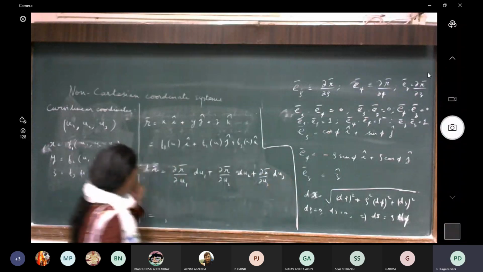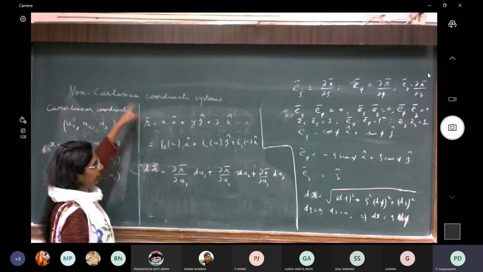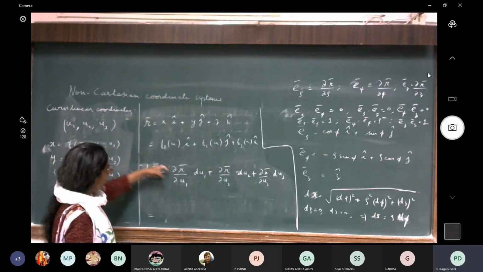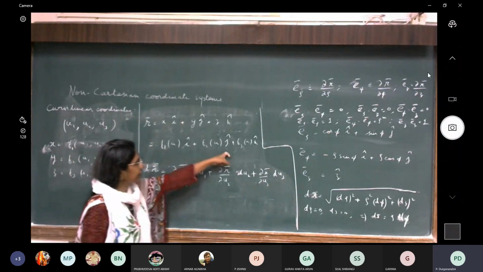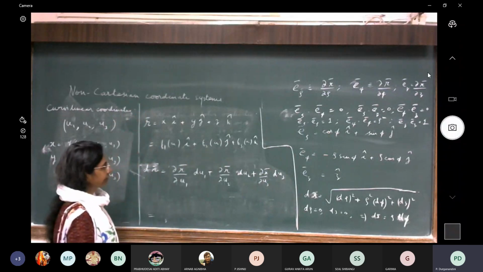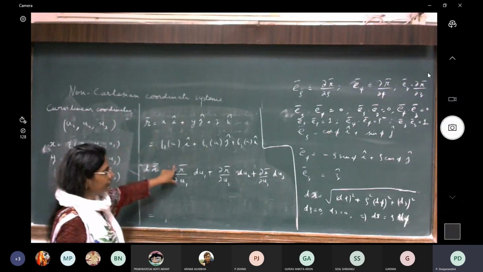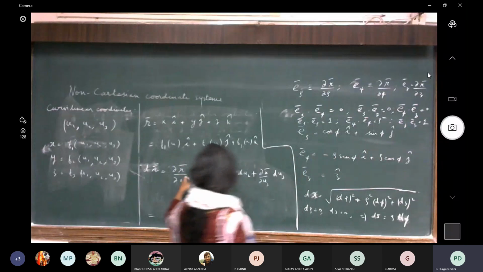So explicitly, if I want to do the evaluation, I know these functions f1, f2, f3. It's like I know that x is ρ cos φ, y is ρ sin φ. So when I do ∂r/∂u1, I take the partial derivative of this right hand side with respect to u1. Here u represents u1, u2, u3. And once you get that, you will get exactly like we got here, Eρ as cos φ i plus sin φ j.